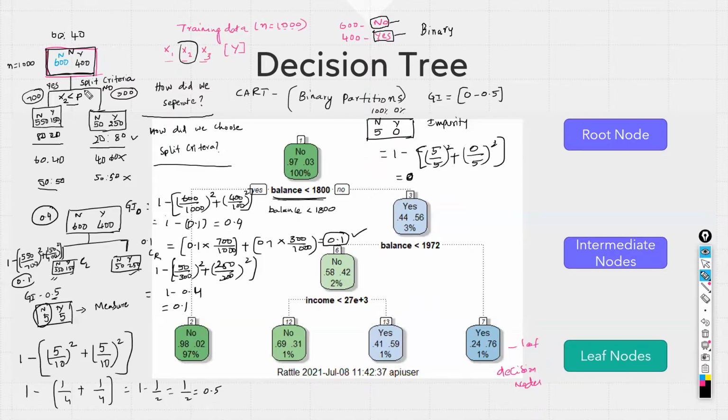If the split is informative, then we should be able to decrease this from the root node. At the root node, it was 0.4, and from the root node to this level, we have reduced it to 0.1. So that means it is good. If it has not decreased, then it is not good, right? So that's how we decide whether splitting a root node into two child nodes is improving it or not. Now keep that in mind.